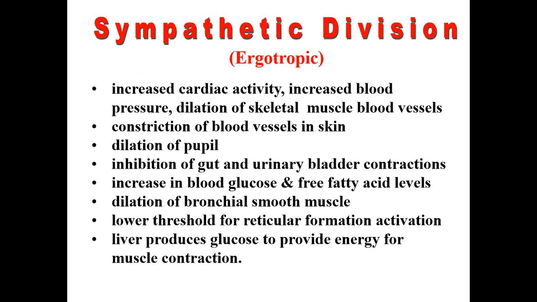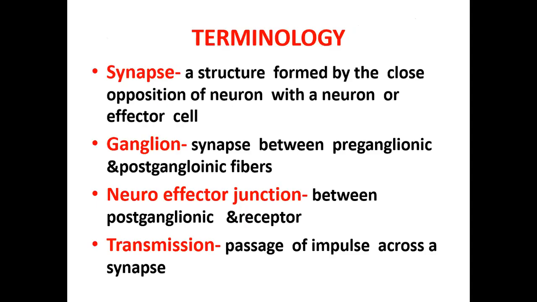It inhibits GIT and urinary bladder contractions, increases blood glucose and free fatty acid levels, causes dilatation of the bronchial smooth muscle, and lowers the threshold for reticular formation activation. In the liver, it produces glucose to provide energy for muscle contraction. So these are all the ergotropic effects of the sympathetic nervous system.